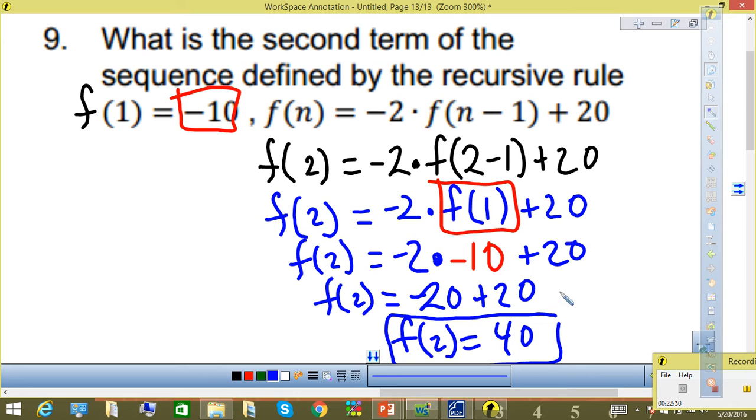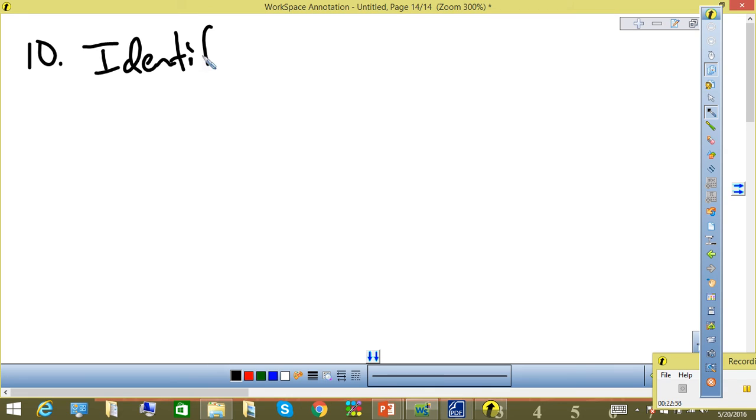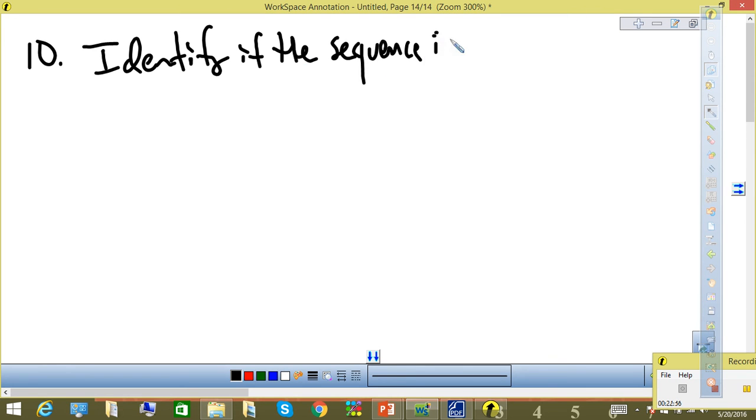All right. Now, the next problem is number 10. Number 10 is going to be similar to that one, but it's going to say the following. So write this down, please. Number 10. Identify if the sequence is arithmetic or geometric. And you're writing this down.